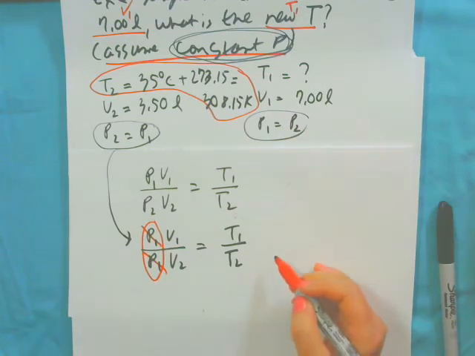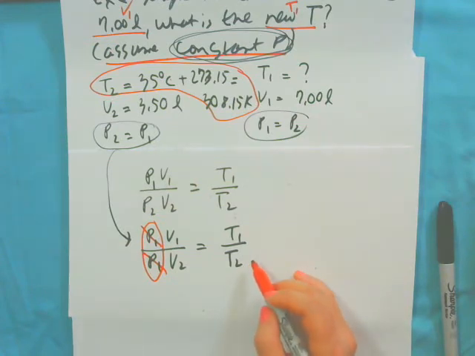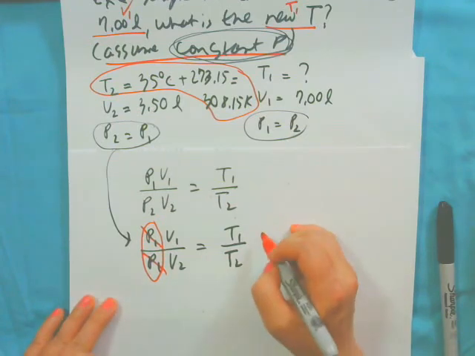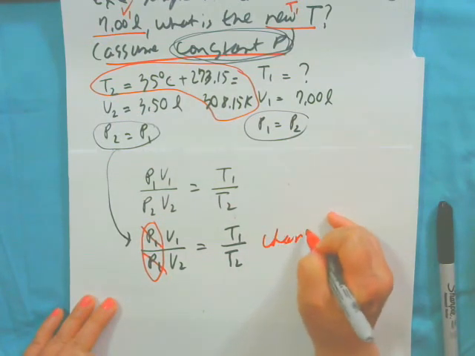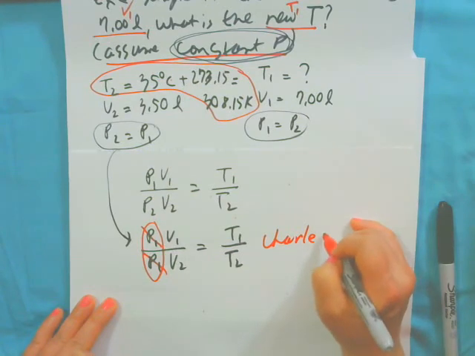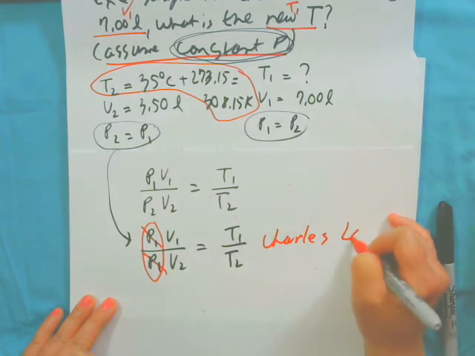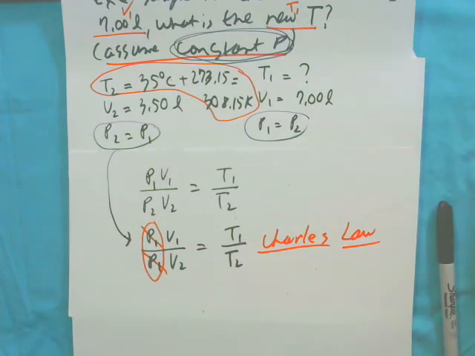And this now becomes one of the simple gas law equations. If you remember the simple gas law equation where you had just volume and temperature, that's Charles's law. But we don't have to memorize Charles's law separately.